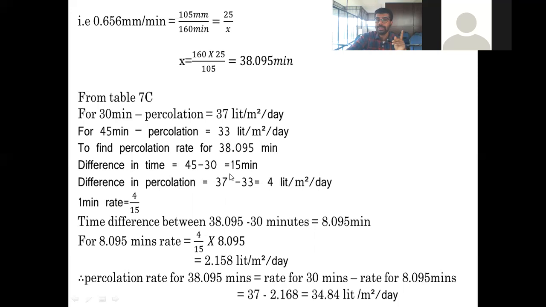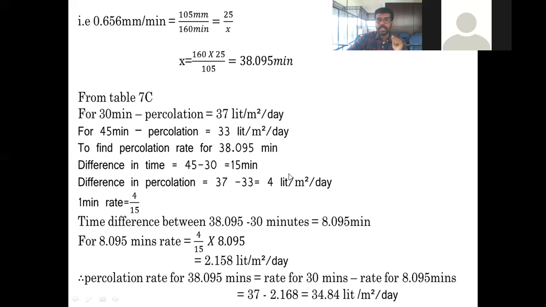So for 1 minute, how much will it be? For 15 minutes it is 4 liters, so for 1 minute it is 4 divided by 15. That is the percolation for 1 minute. Now, the time difference between our value 38.095 and 30 minutes is 8.095 minutes.